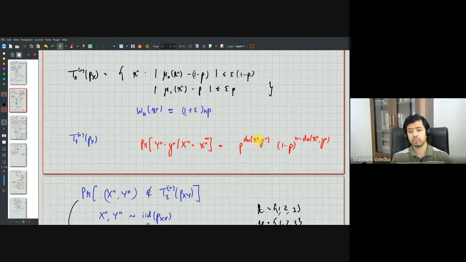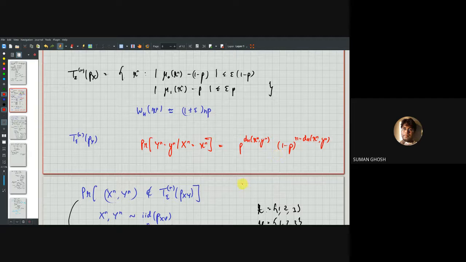That is because this particular yn occurs, given that this particular xn was sent to the input of the BSC, if exactly dH of xn, yn locations were flipped and n minus dH locations were not flipped.